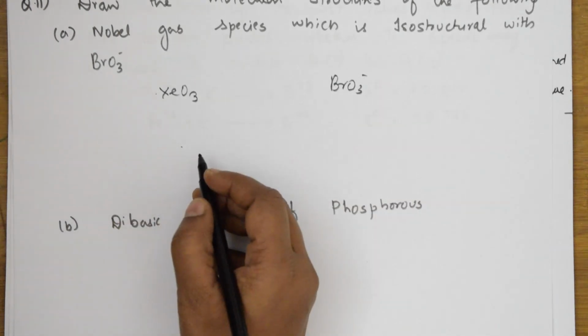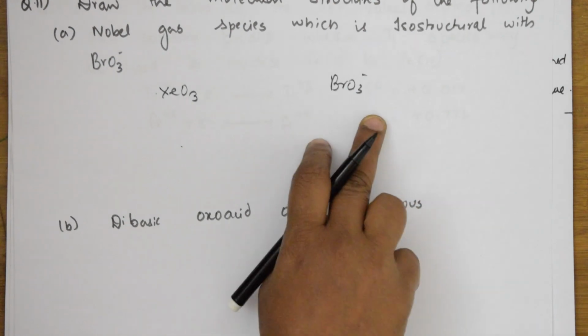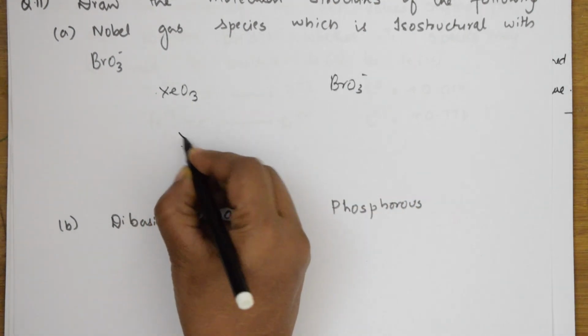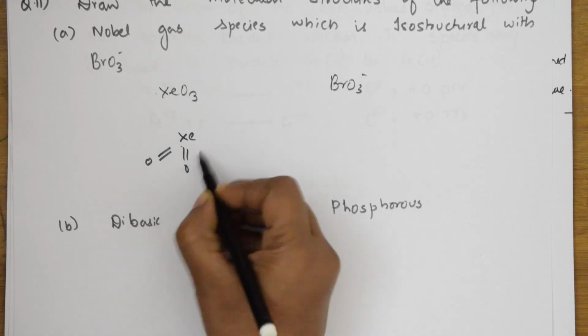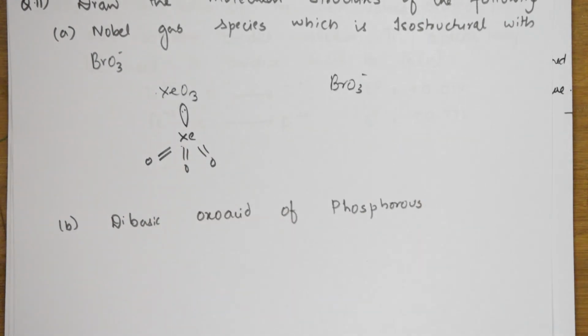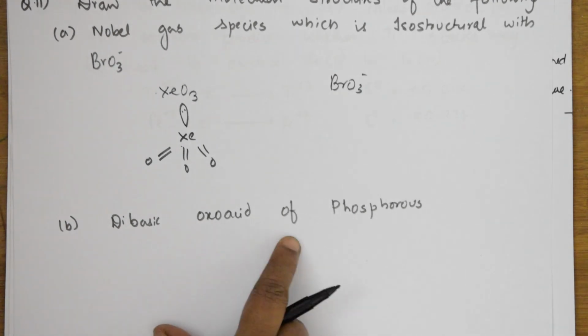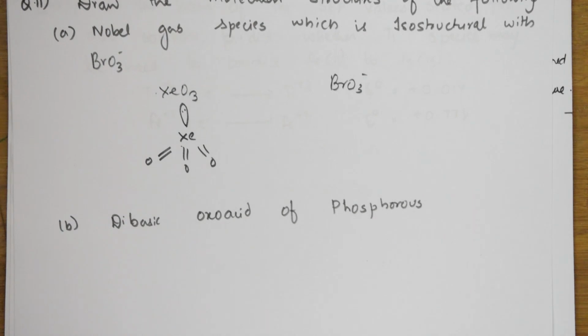Let us draw the structure. For BrO3 minus, nothing to draw, it is XeO3 only. Xe with double bond O, double bond O, double bond O, with a lone pair of electrons. Done. Next, they've asked me for a dibasic oxoacid of phosphorus. Basically phosphorus forms H3PO3, H3PO5, and different compounds like that.